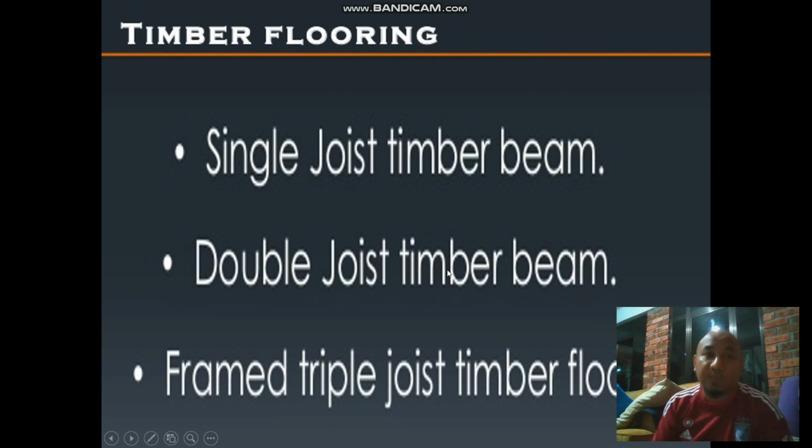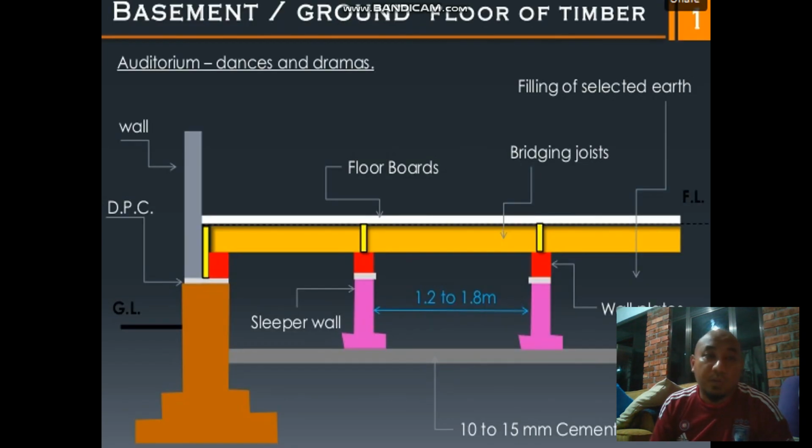So for timber flooring, they have 3 types of installation. First is single joist timber beams, double joist timber beams, and framed triple joist timber floor. Okay, so we go through the construction of the basement ground floor for timber.